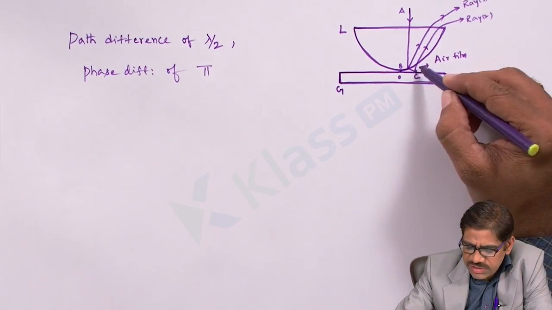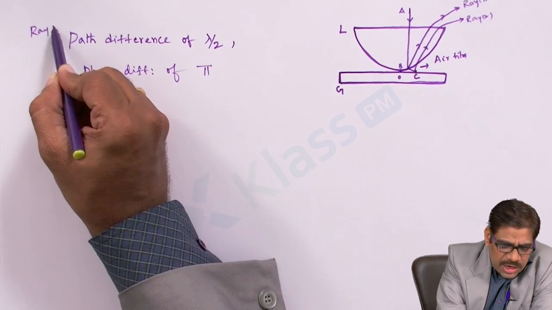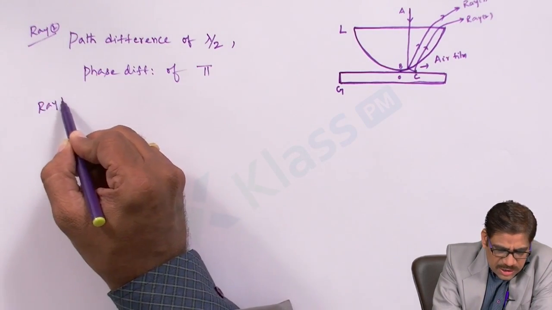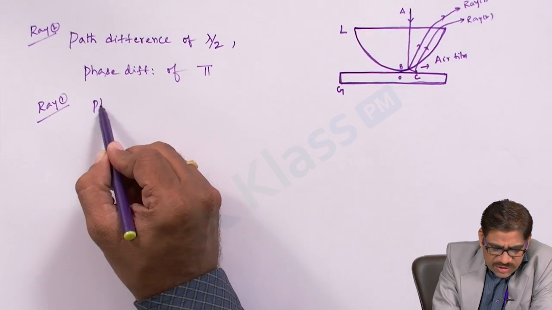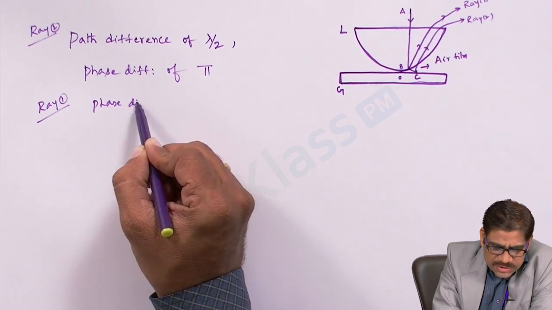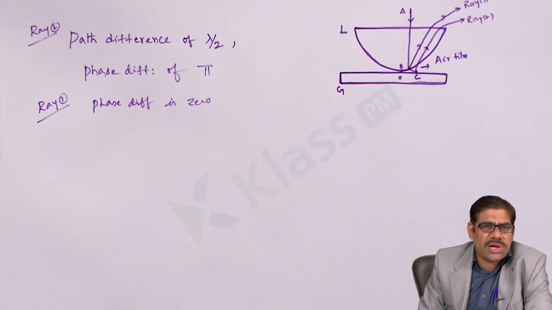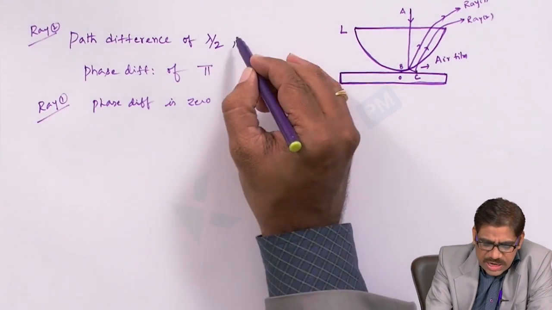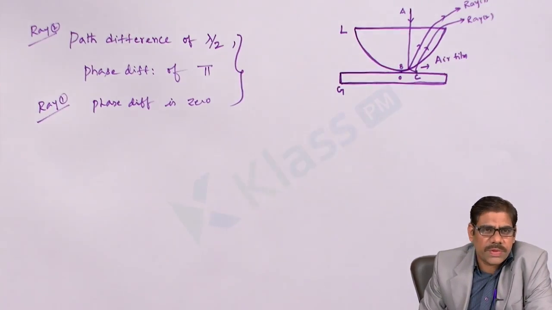This is concerned with ray 2, whereas for ray 1 there is no change of path, and the phase difference is 0. So, it is not undergoing any kind of phase difference there. Now, these are the conditions for the Newton's rings to be formed.